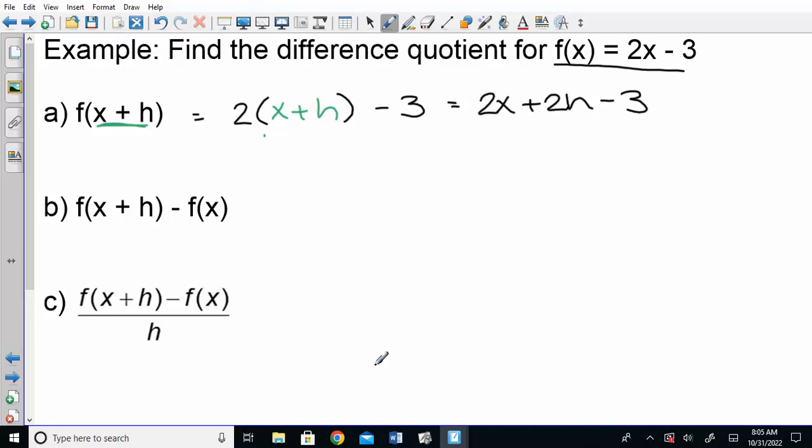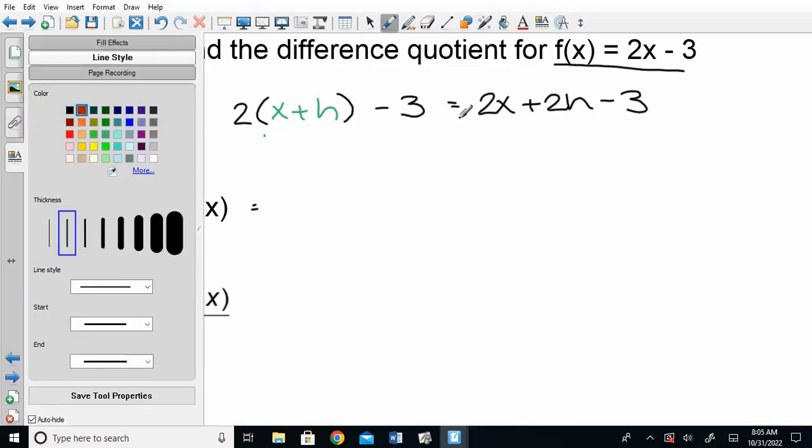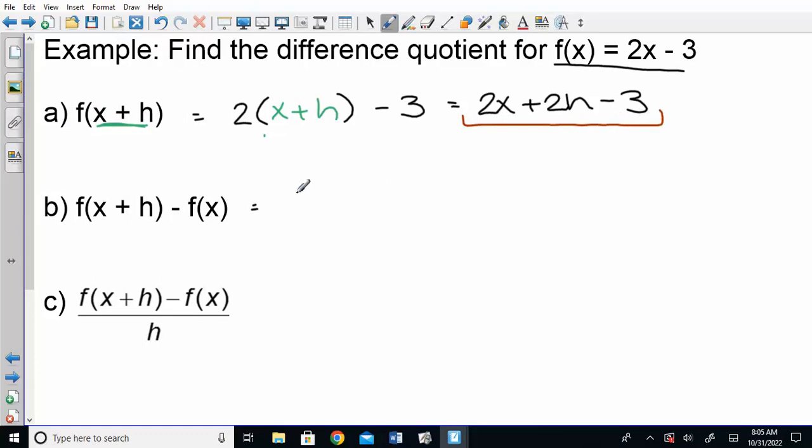Part B, I would say find f of x plus h minus f of x. So f of x plus h, we just got in part A, so I can just carry that down. Here's f of x plus h: 2x plus 2h minus 3.